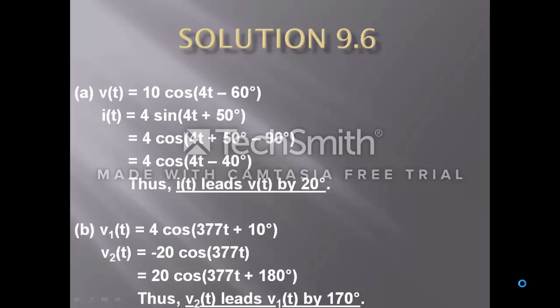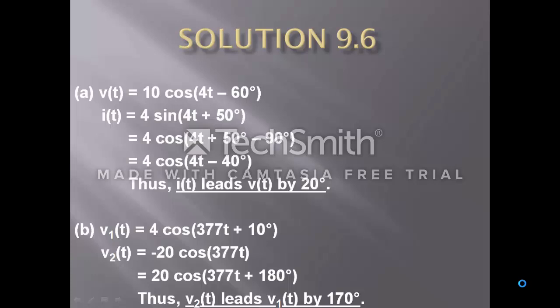So our first equation here is v(t) equal to 10 cos 4t minus 60 and i(t) equal to 4 sin 4t plus 50. So we have to convert the equation i(t) into the form of cosine. We get that 4 sin 4t plus 50 equal to 4 cos 4t plus 50 minus 90 degrees, which is equal to 4 cos 4t minus 40 degrees.